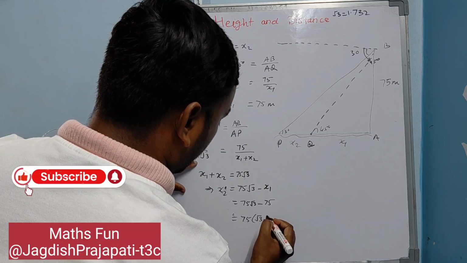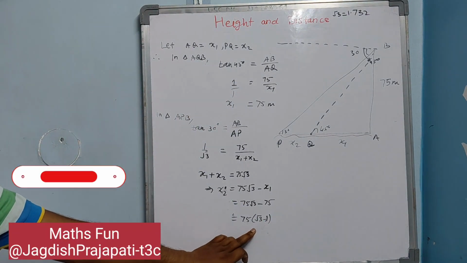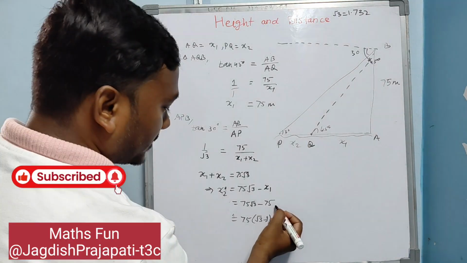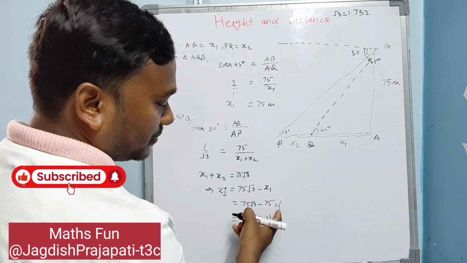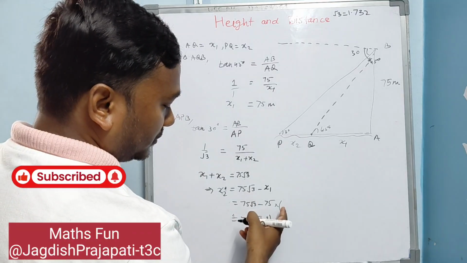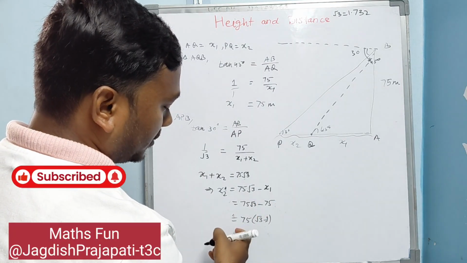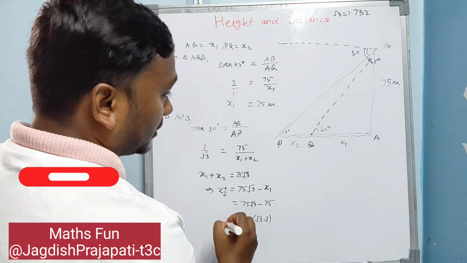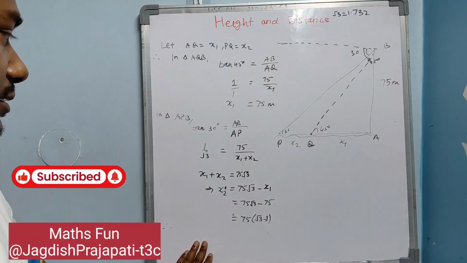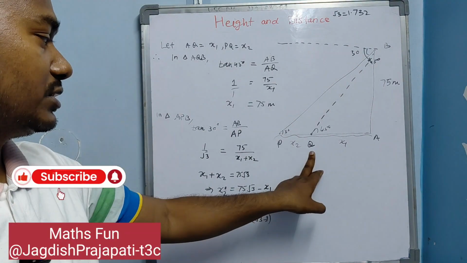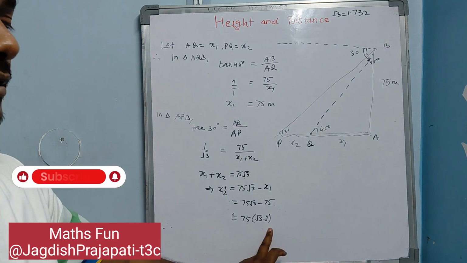So here will be under root 3 minus 1. Okay. We can write 75 like this, so here there will be 1 remaining and here under root 3. So the answer will be, therefore, the distance between two ships is 75 times under root 3 minus 1 meter.